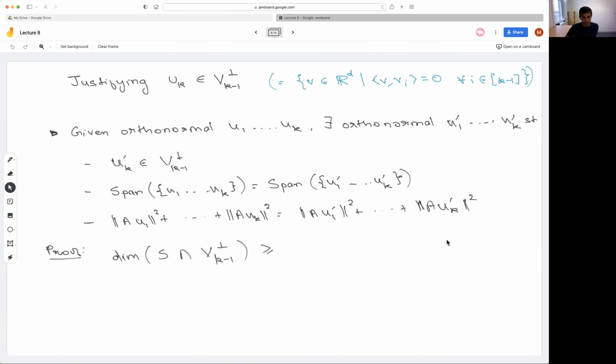Okay, and the proof is that we will try to only ensure the first two properties. The third property will be automatic, and we'll see in a minute why. It's just the fact that the distance of a point from the subspace doesn't depend on what basis you choose.